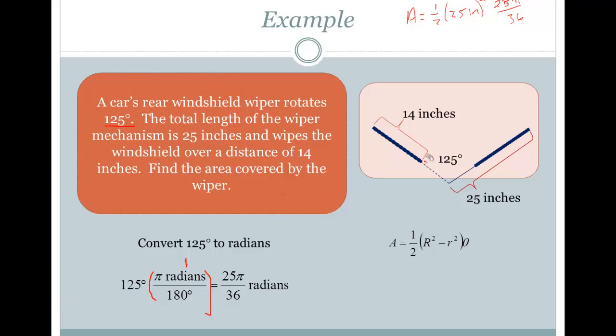That's what that subtraction does, and that gives me the part that I want. So this is the total area, this is subtracting the small part in the beginning, and that should give me my total area. If I do that all out, I get 549.8 inches squared.